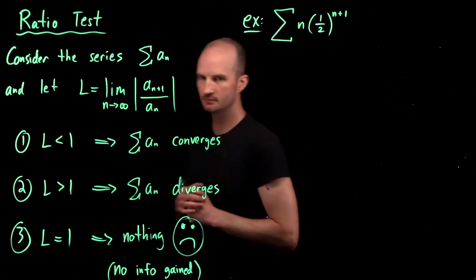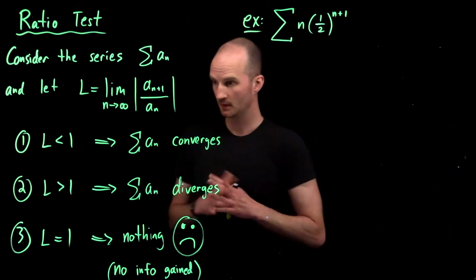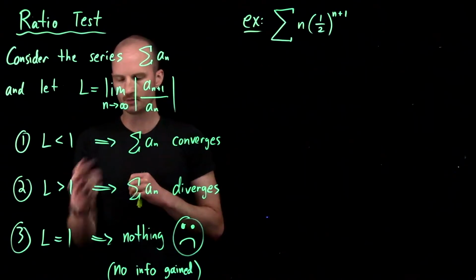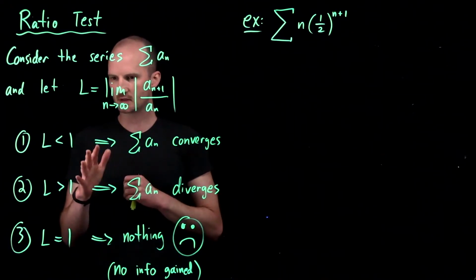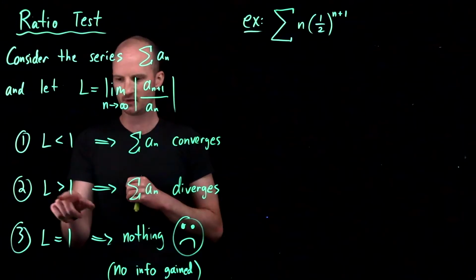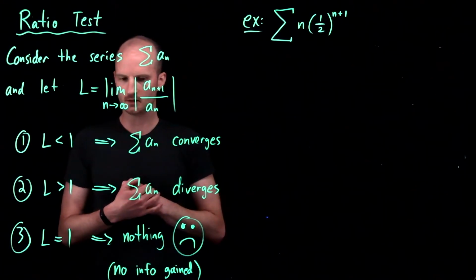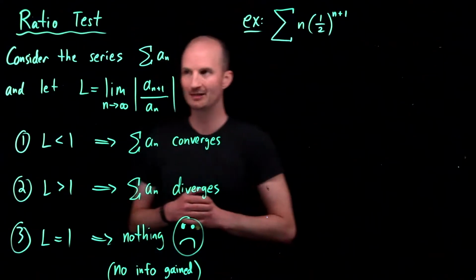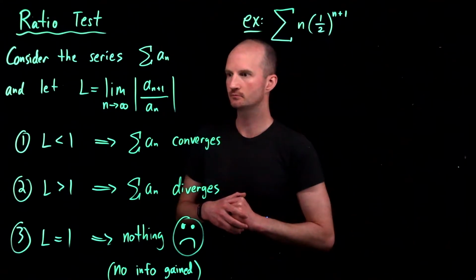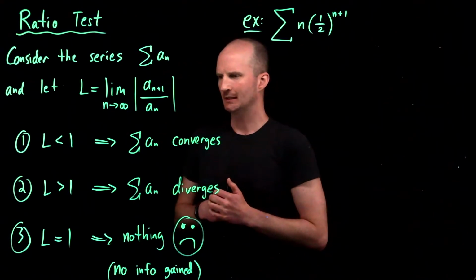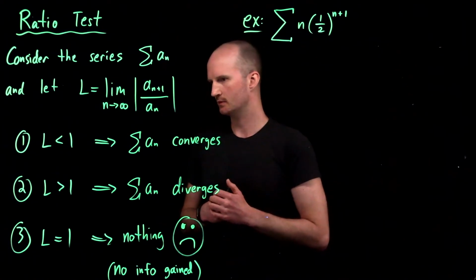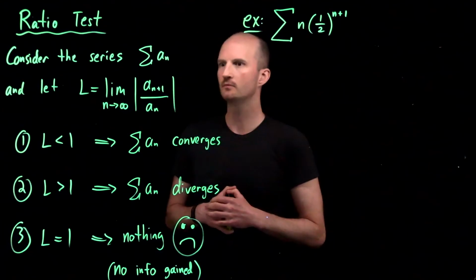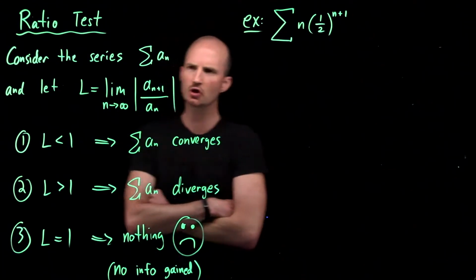Okay, so L, assuming it exists, limits don't always exist, will be bigger than 1, less than 1, or equal to 1. If it's bigger than 1, then the ratio test tells us that the series diverges. The proof illuminates it a little bit, but it basically gives us some measure of what's happening to these terms a_n.